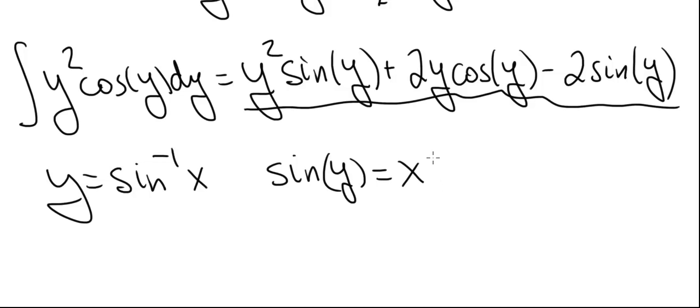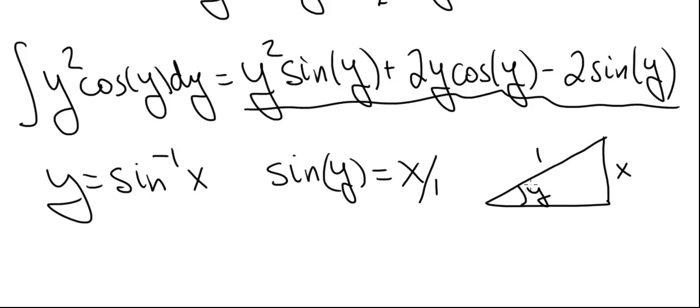Sine of y equals x is the same as sine of y equals x over 1. We're going to draw a right triangle, and we're going to call this angle y. Sine is opposite over hypotenuse. So if the opposite side is x and the hypotenuse is 1, the adjacent side by the Pythagorean theorem is the square root of 1 minus x squared.